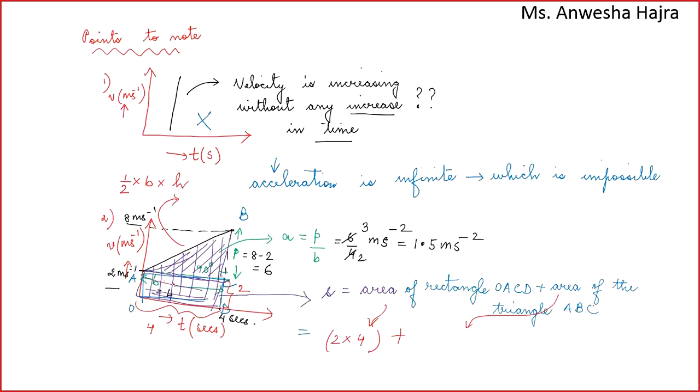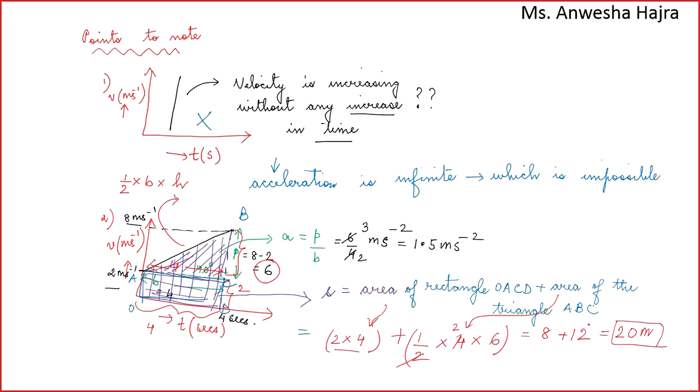Now this base is 4 and this height is 6. So half, base is 4, height is 6. So simply add up: 4 into 2, 8, this cancels, plus 12. So here the distance traveled is 20 meters.